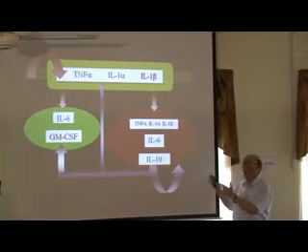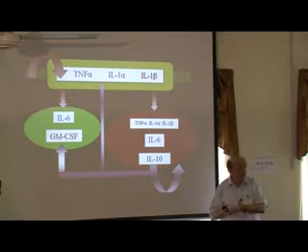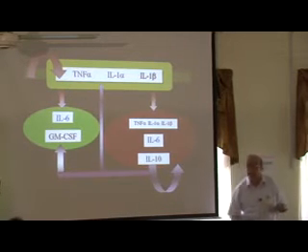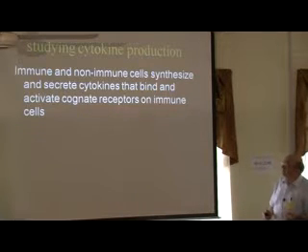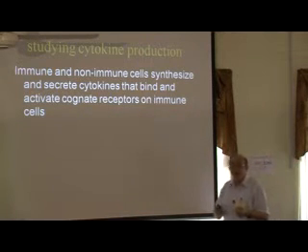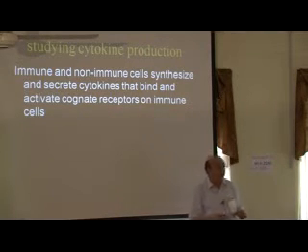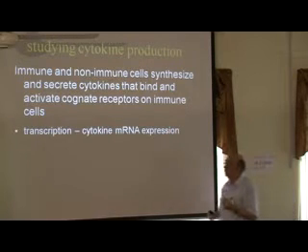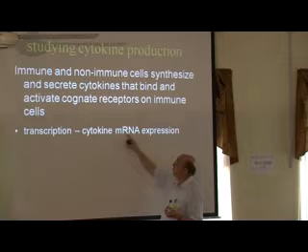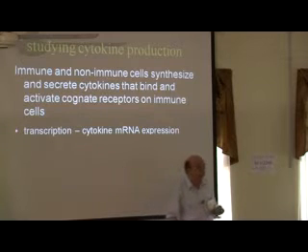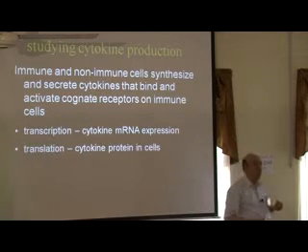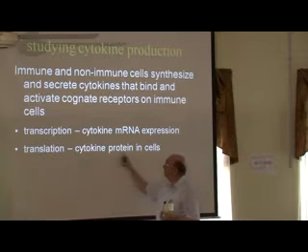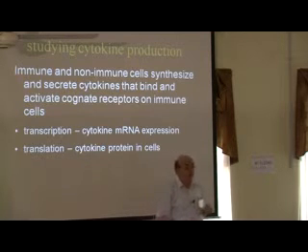Now, to quote Jack, the question is, how do we know? So that is how we know. We start with testing the production of cytokines, and we use 3 different methods. One is to look at transcription, which is to look at messenger RNA levels. Second is to look at translation, which is to look whether or not the cytokine protein is synthesized.